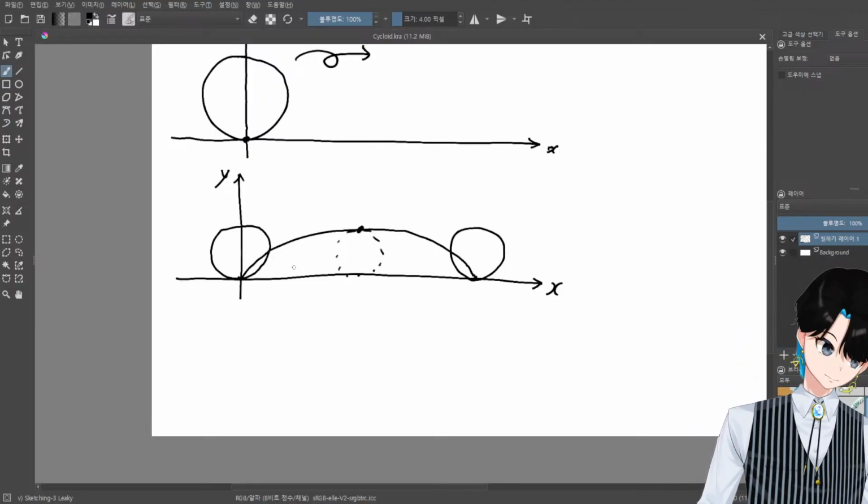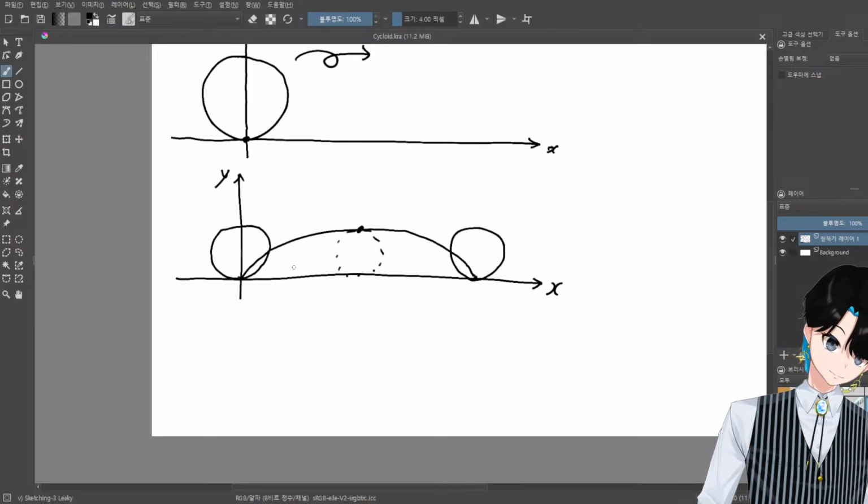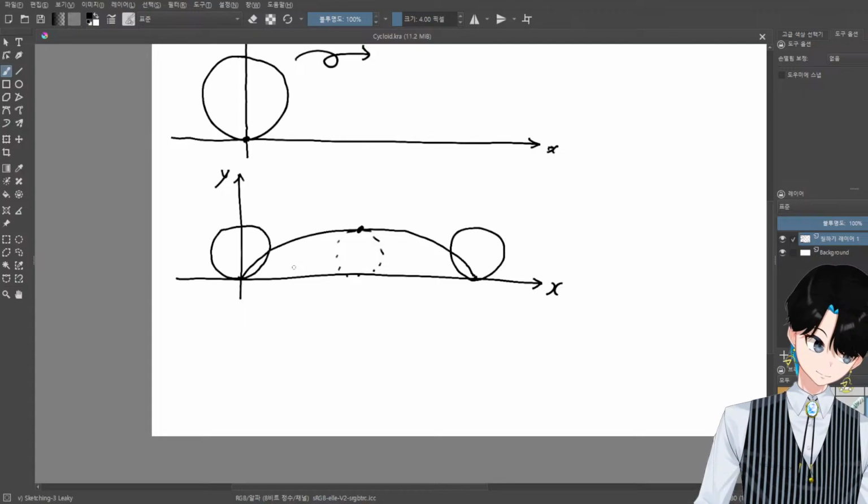The software that you can see in the thumbnail is GeoGebra.